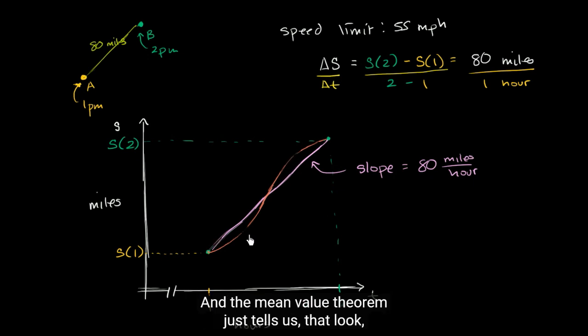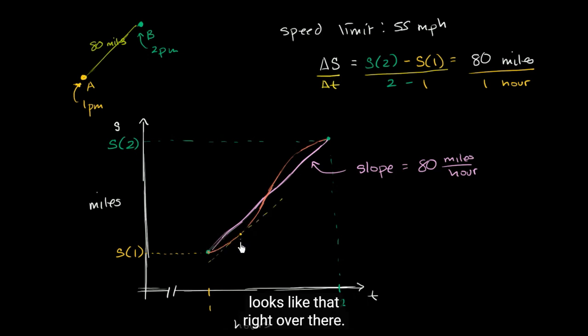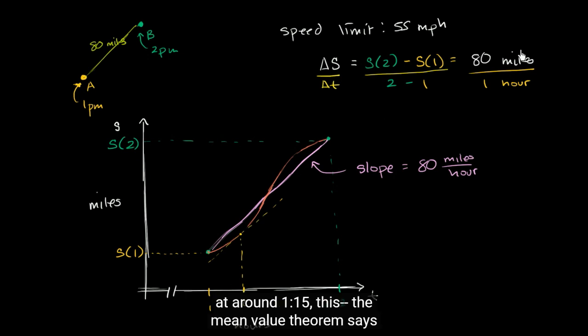And the mean value theorem just tells us that if this function is continuous over the closed interval and differentiable over the open interval, then there's at least one point in the open interval, which it calls C, where your instantaneous rate of change, the slope of the tangent line, is the same as the slope of the secant line. That point right over there, if this is time C, looks like it's at around 1.15.